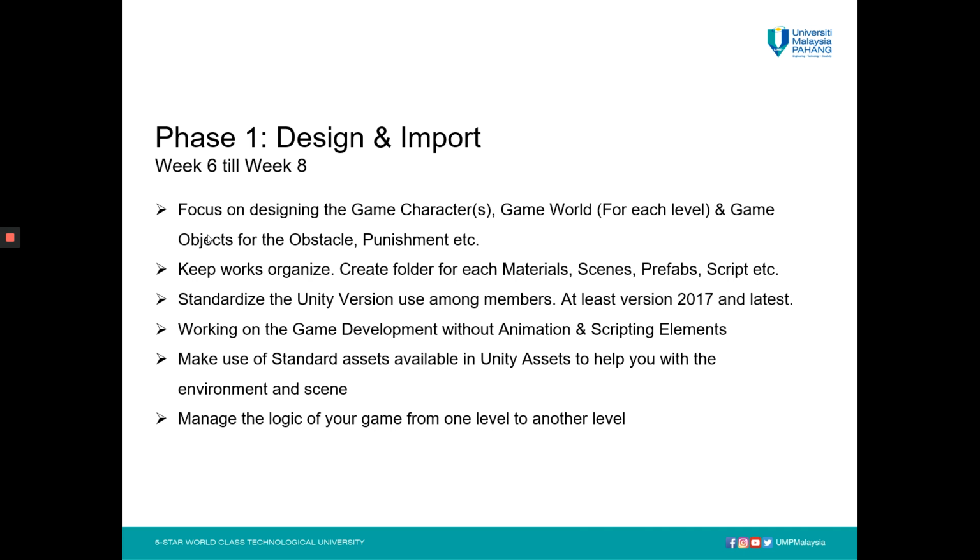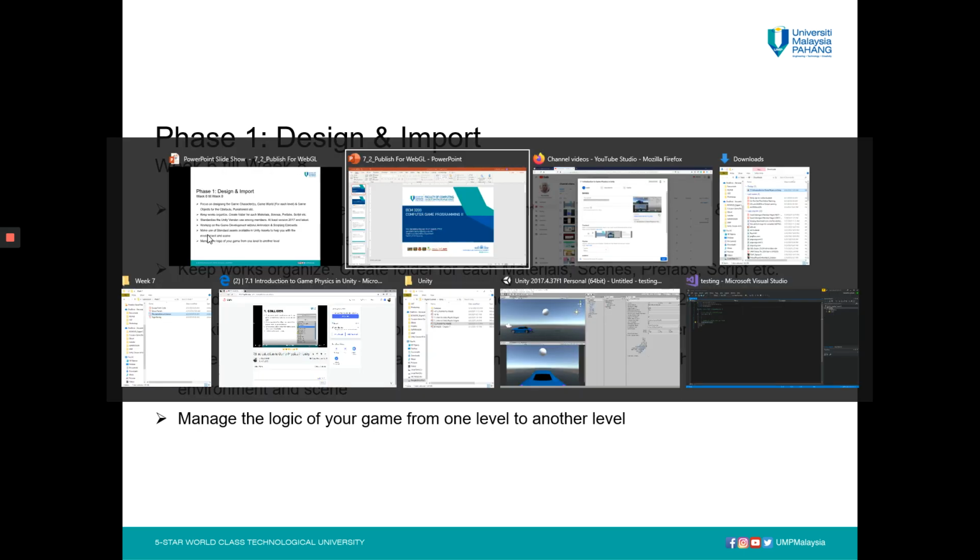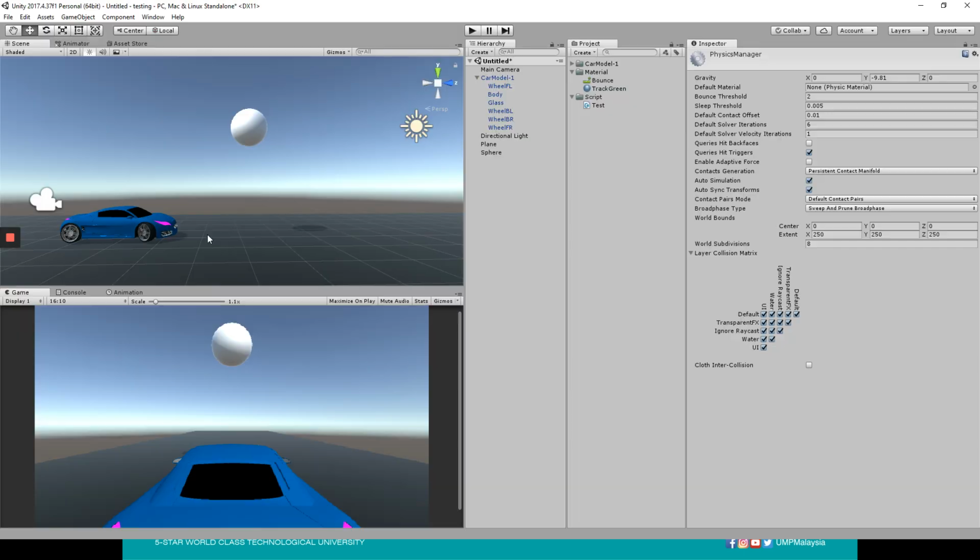At this phase, you really need to focus on designing. Choose what character you want to do. And then also keep your works organized in the project folder inside the Unity. Okay, for example, let's go back to our Unity. In here, please be more organized.